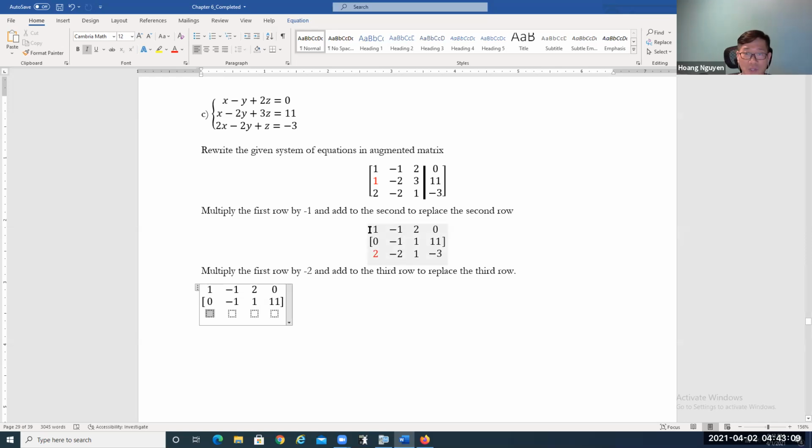So -2 times 1 is -2. -2 plus 2 is a 0. Yay, that's a 0. Now -2 times -1 gives you +2, right? +2 plus a -2 gives you 0.